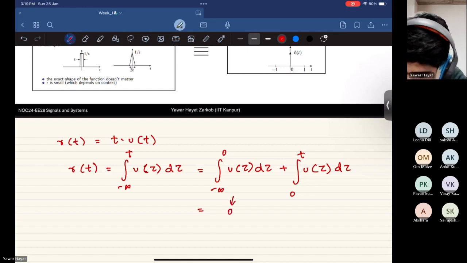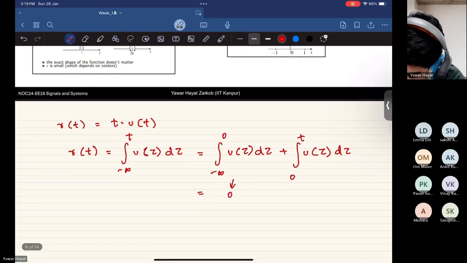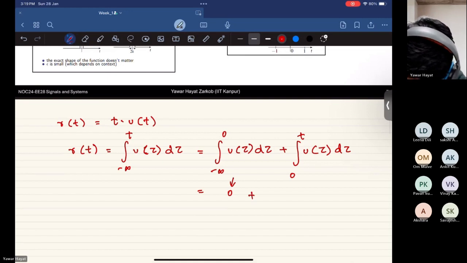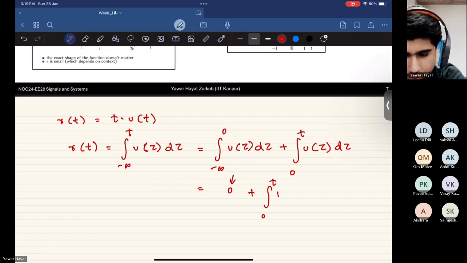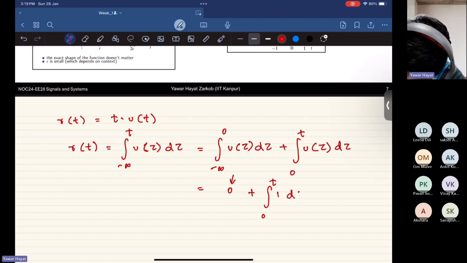This one is 0 and this one is 1, right? For positive instances of time, we'll assume t is greater than 0, then this is 1, and the integral of 1 over the interval 0 to t is t, right?